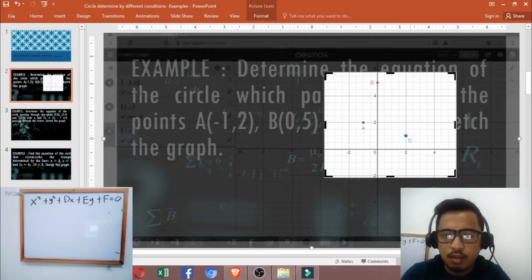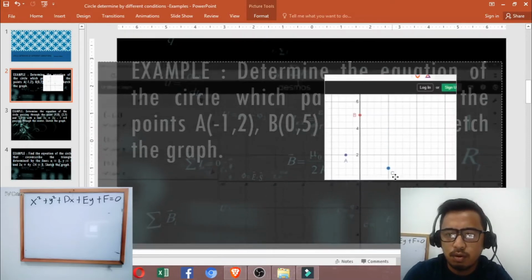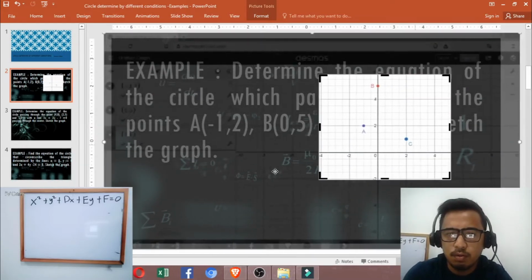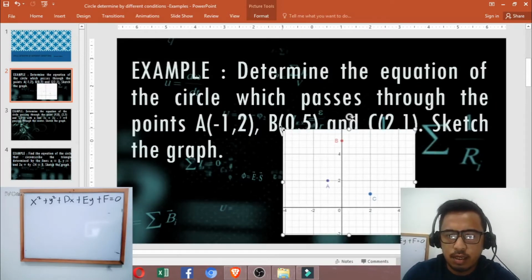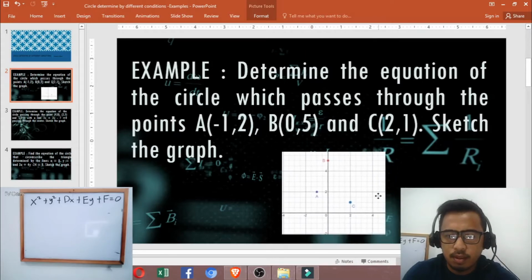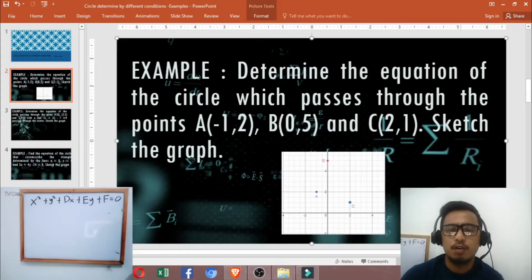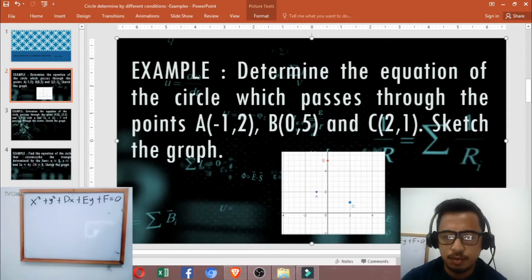Then you can adjust it, and this is now the graph of the given problem.